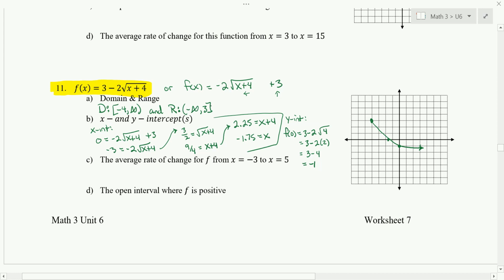Our average rate of change when x is negative 3, well, we know we have that point. When x is negative 3, actually we don't have that point yet. We need to find out what y is. And when x is 5, we've got to find out what y is. So I'll use a table here. So negative 3, we get negative 2 times the square root of negative 3 plus 4, plus 3.